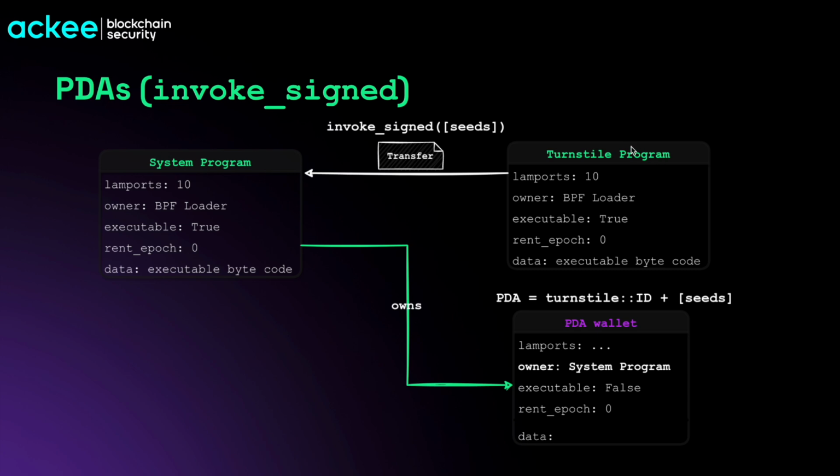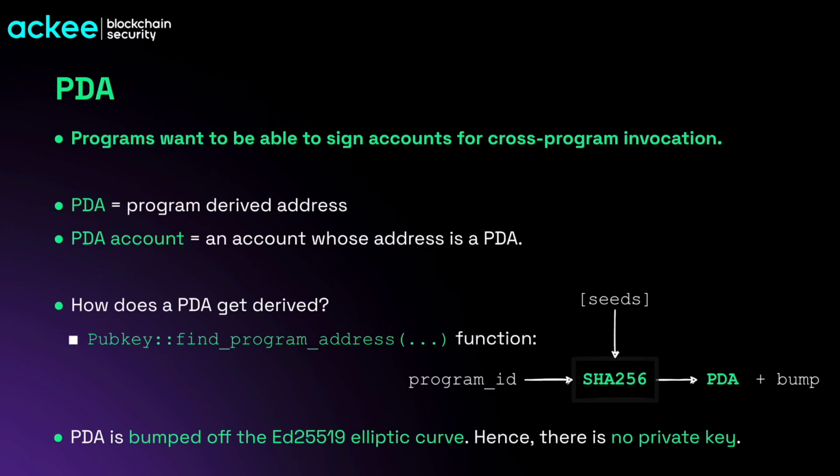And as I said before, we can do this invoke sign just by specifying the seeds that we have used to generate our PDAs, without supplying the private key for our PDA wallet. Because in every scenario, the PDA address does not have a private key.